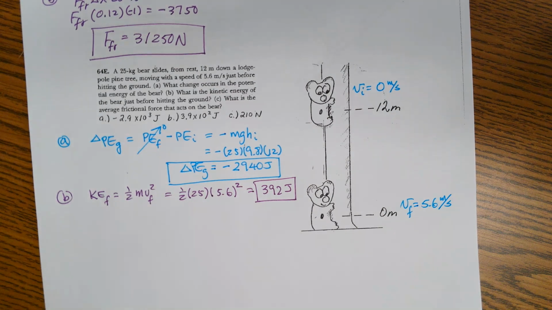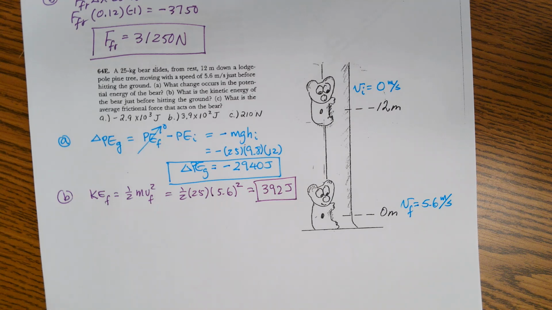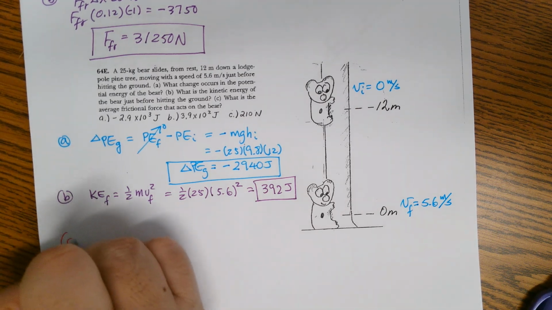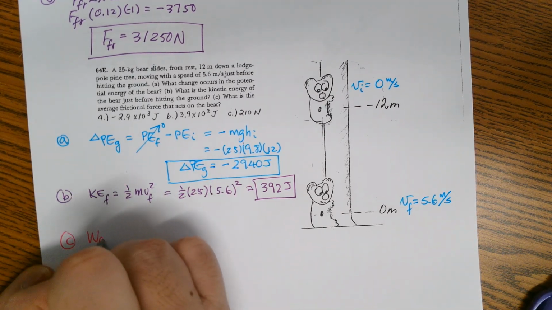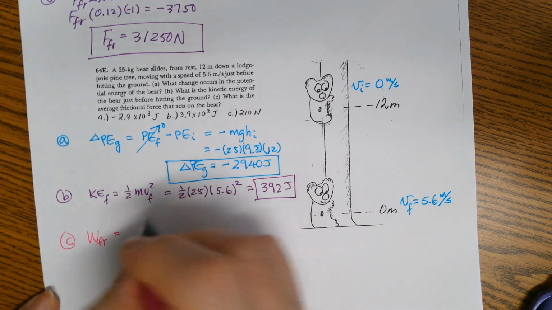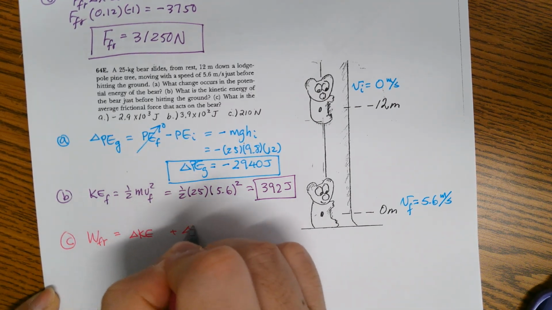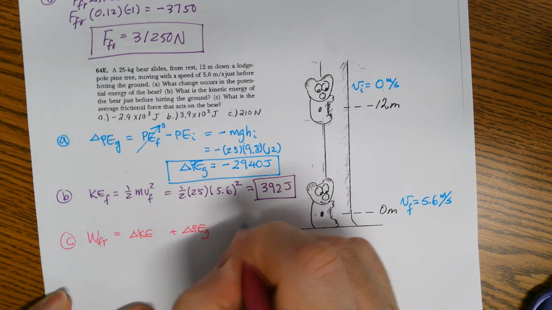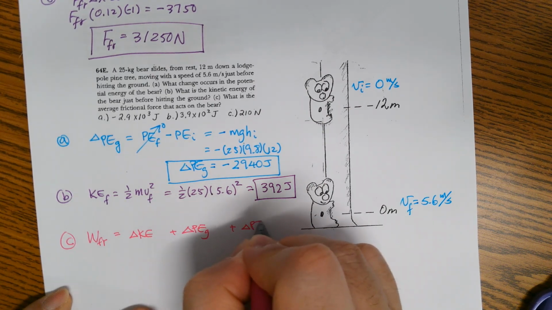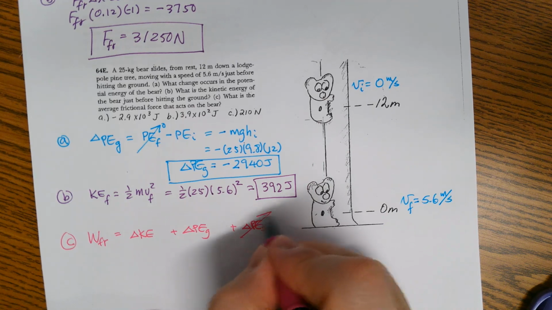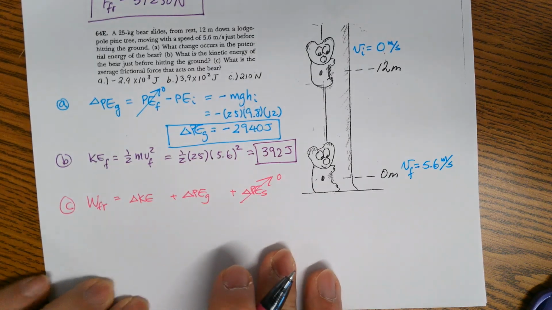Then for part C, what is the average frictional force that acts on the bear? Work done by friction is equal to change in kinetic energy plus change in potential energy gravitation plus change in potential energy spring. We don't have any spring involved.